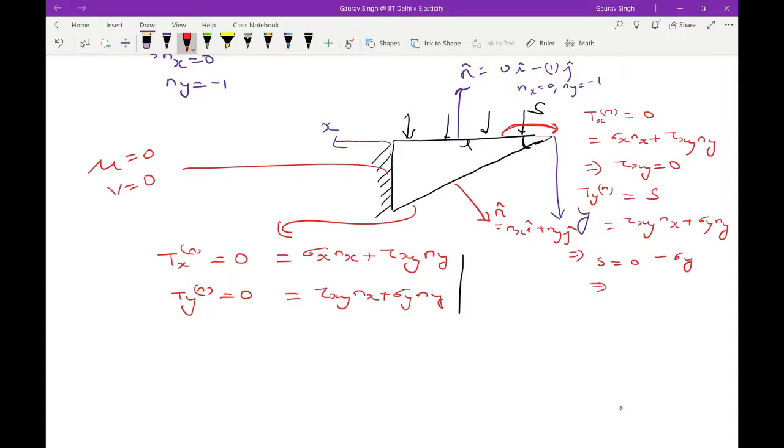So this implies that sigma y is equal to minus s, okay, and tau xy is equal to 0 on this phase. So this is how the boundary conditions are specified on this particular case.